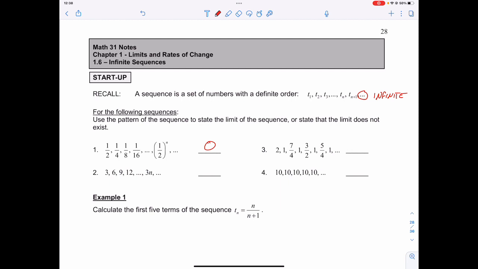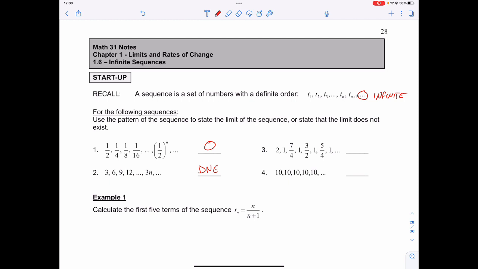When I look at example 2, I have 3, 6, 9, 12, and then if the pattern kept going, I'd have 15 and 18 and so on, where I can see that the number just keeps increasing by 3 every single time. So it's not getting closer to a set value, which means that the limit in this case does not exist.